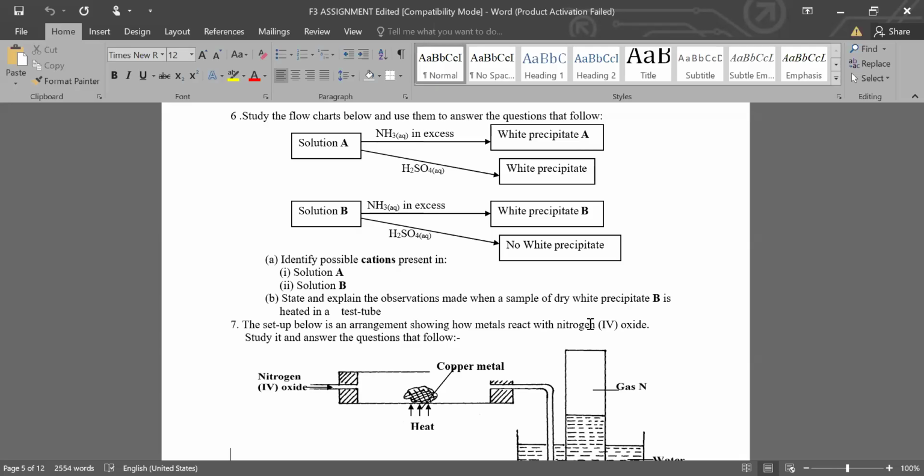When dilute sulfuric acid is added to aluminium ions, there will be no white precipitate. So it will not be aluminium. It can also not be magnesium because for magnesium, when dilute sulfuric acid is put, we form magnesium sulfate, which is a soluble salt.